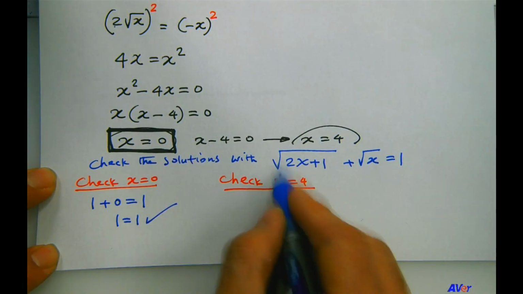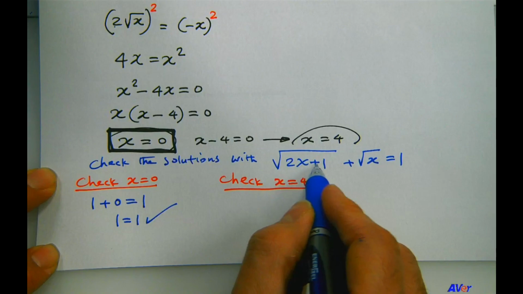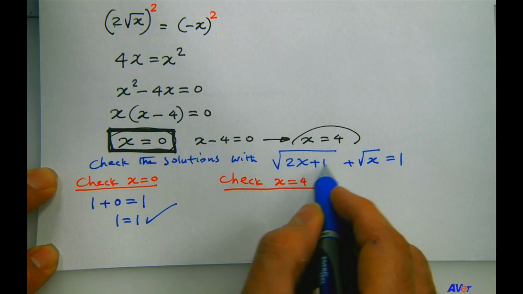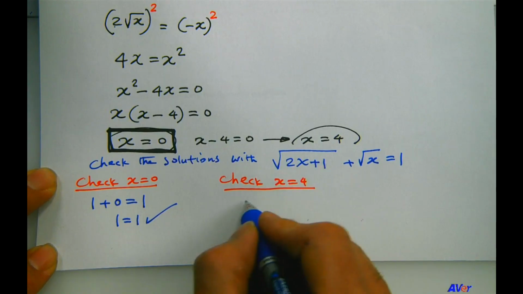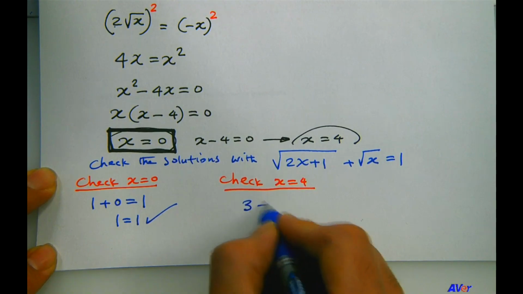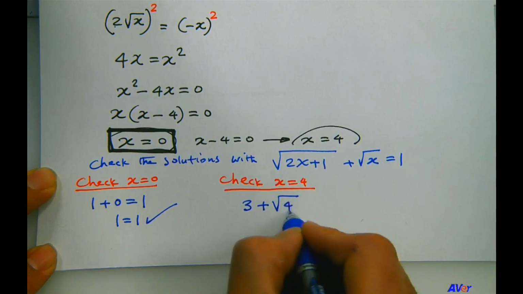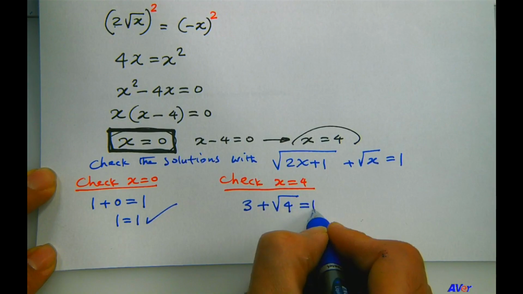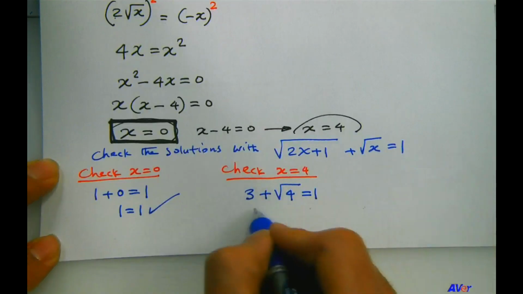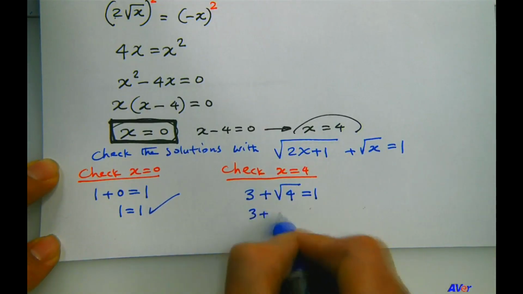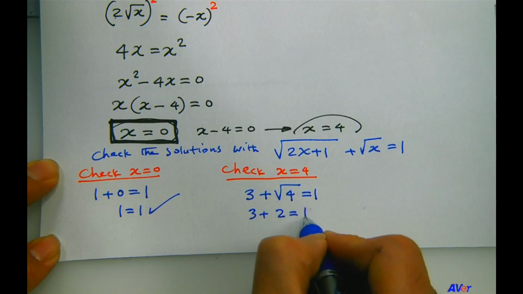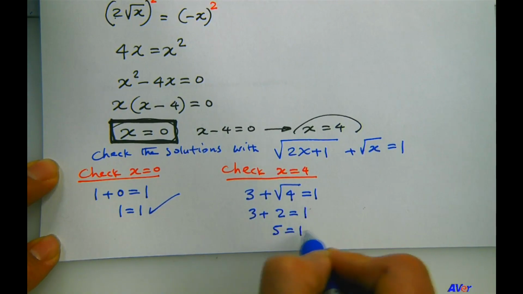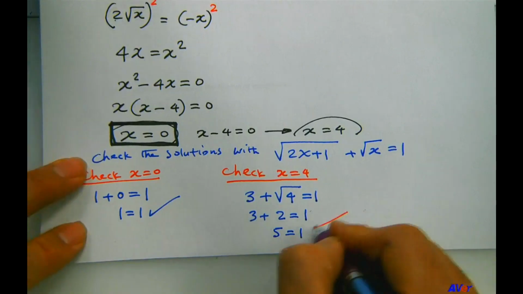So we have square root of 2 times 4 is 8, plus 1 is 9, square root of 9 is 3. Right? So 3 plus square root of 4 equals 1. Square root of 4 is 2. So 5 equals 1. Right? This is impossible.